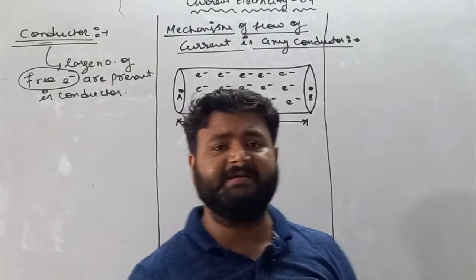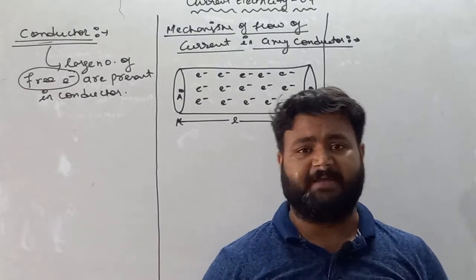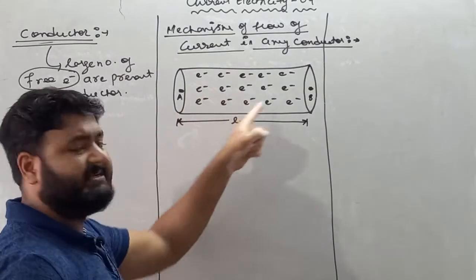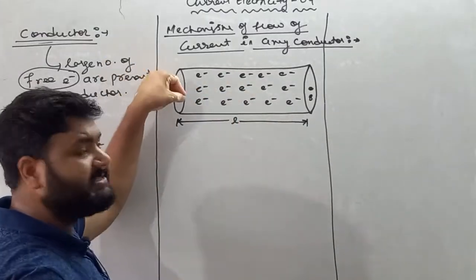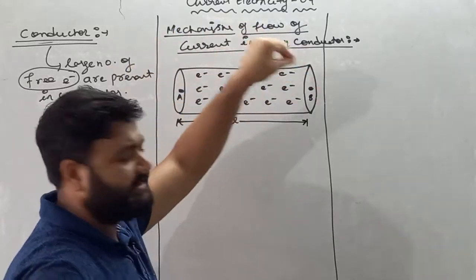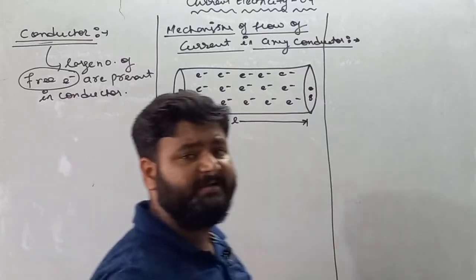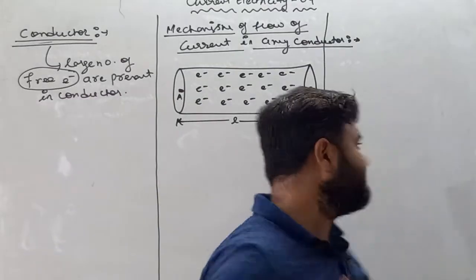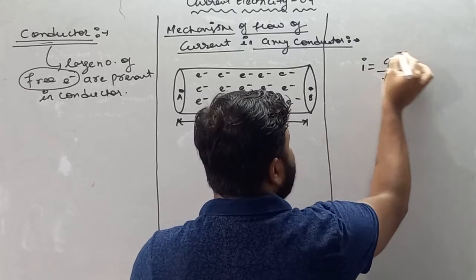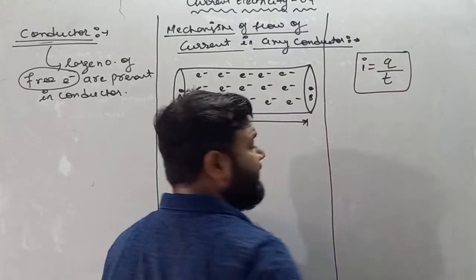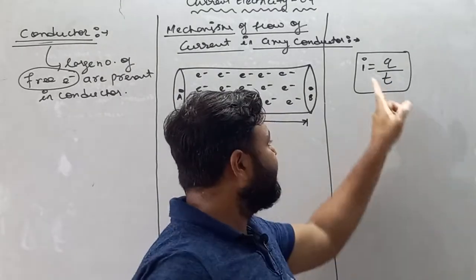As we know, current is nothing but the rate of flow of charge with respect to time. So these free electrons can carry charge from one point towards another point. Due to the movement, current is defined, because current is the rate of flow of charge with respect to time.